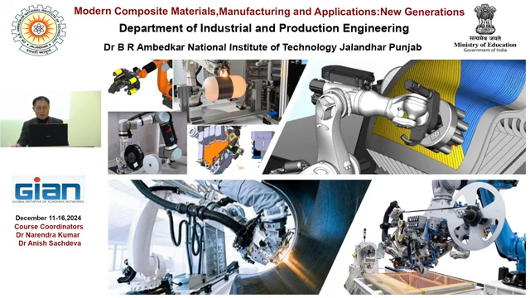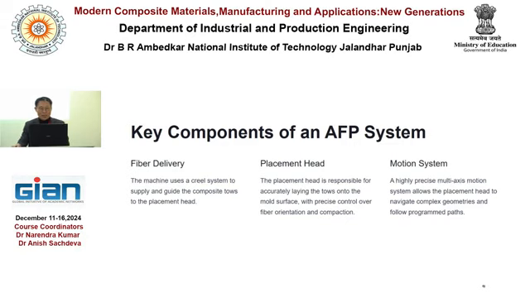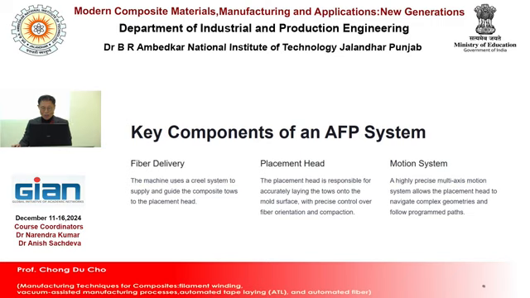The key components of an AFP system are fiber delivery, the placement head, and the motion system, similar to ATL. And the advantages of AFP over manual layup are enhanced precision, increased productivity, reduced waste, and improved consistency.